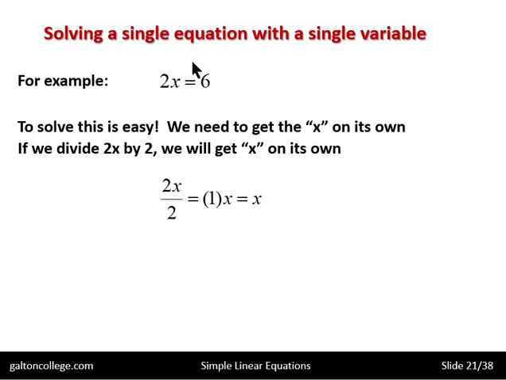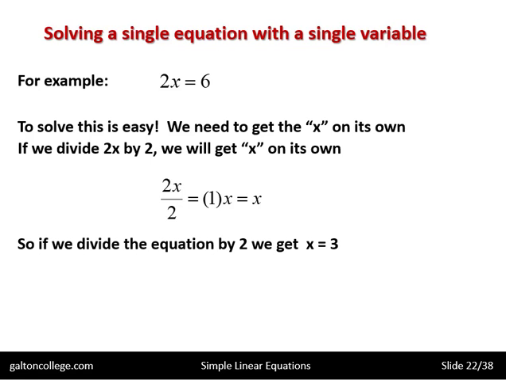But we need to remember to do the right hand side as well. So if we divide the equation by 2, we get x equals 3, because we divide the right hand side by 2 as well. So x equals 6 divided by 2. 6 divided by 2 is 3.